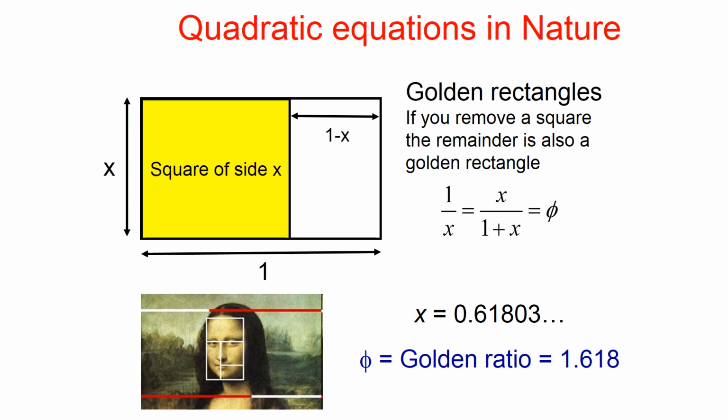I've taken the whole. It should be 1 minus x. Minus 1 plus x. No, but it should be x squared plus x minus 1 as the overall equation. Should it? I don't think it should. It should.